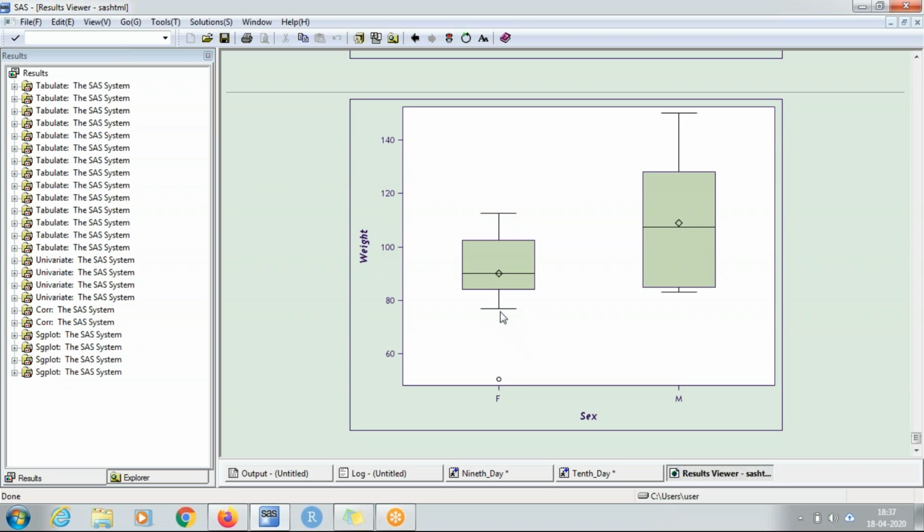So this can't be your minimum value. If you have an outlier over here, this can't be your minimum value. Now, where do these values come from? Where do these whiskers come from? Do you know when we call a value an outlier? Do you know how to identify an outlier? This is one of the most important things, and as a data analyst you should have a very clear concept about outliers.